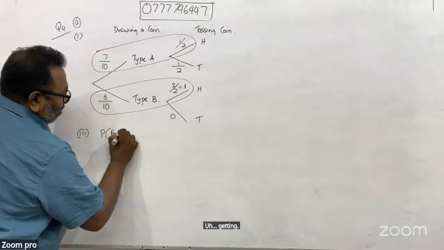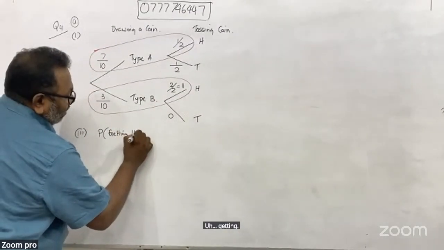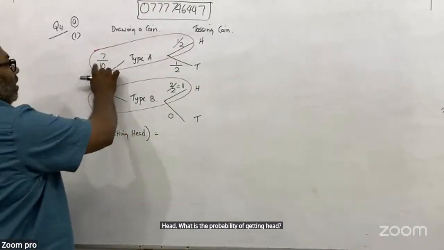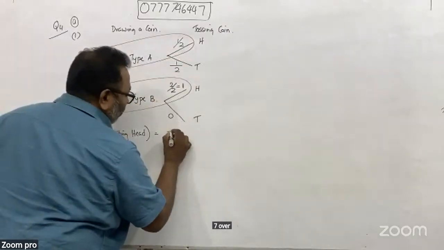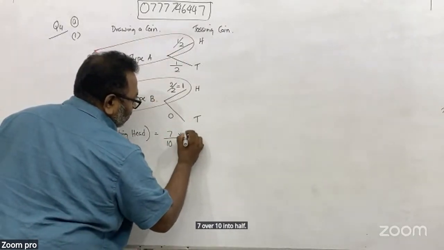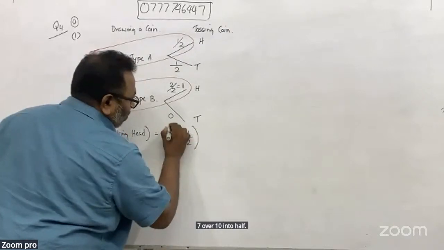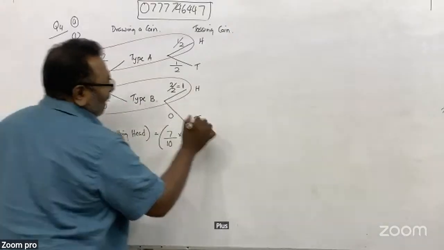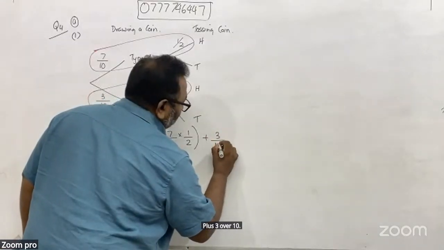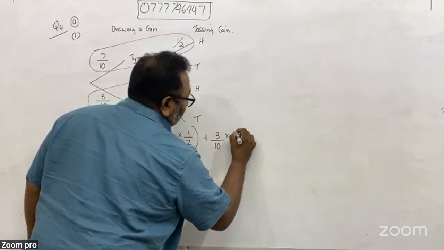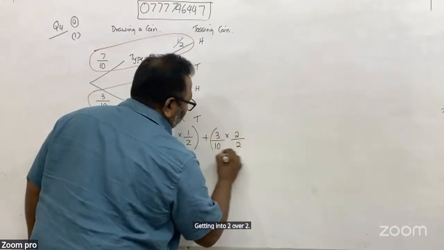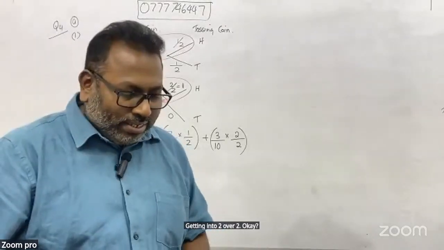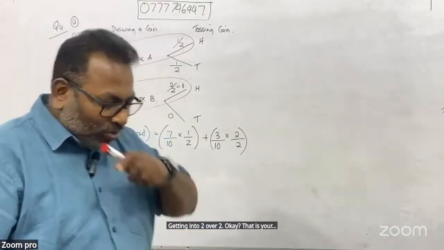What is the probability of getting head? 7 over 10 into half plus 3 over 10 into 2 over 2. So solve it.